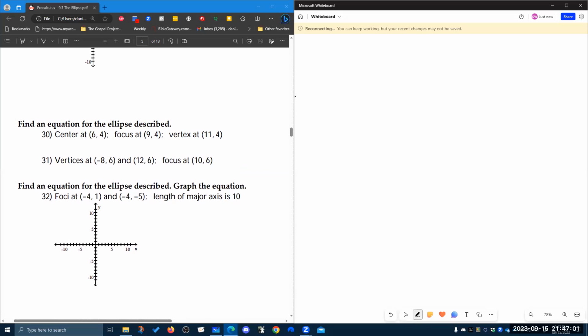So there's a center now at (6, 4). There's a vertex at (11, 4). So that's 5 away in the x direction.